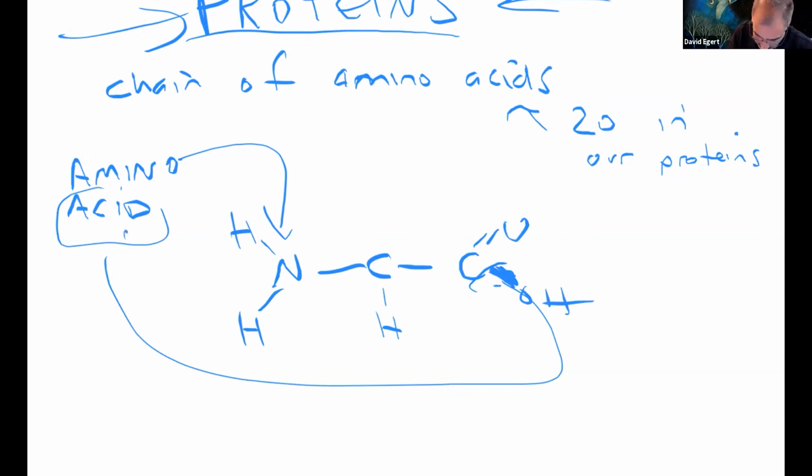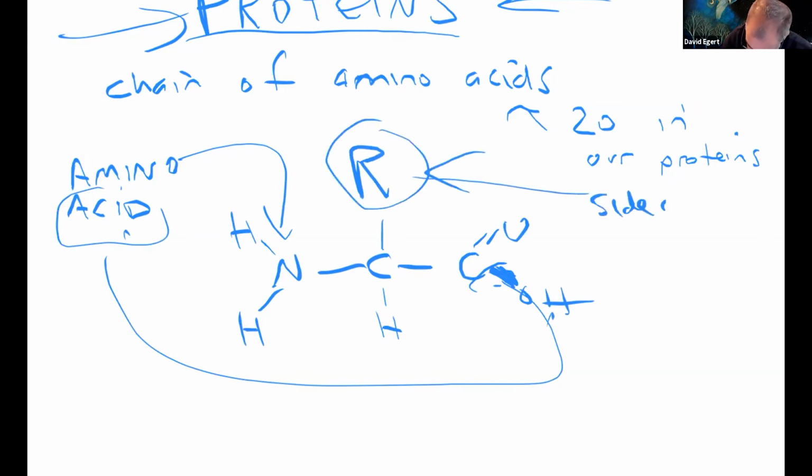So that's the amino acid, and then there's this side chain. This is what's different on every one of these 20 different amino acids. They all have unique side chains, and the side chains give any particular amino acid specific chemical properties.